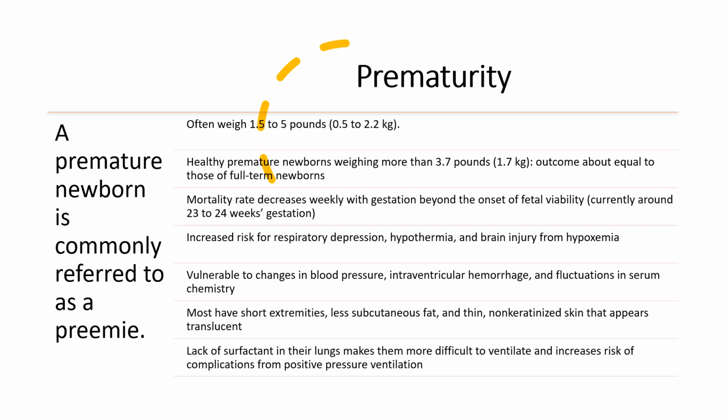Most have short extremities, less subcutaneous fat, and thin, non-keratinized skin that appears translucent. They have a lack of surfactant in their lungs, which makes it more difficult for them to ventilate. They have a hard time opening their alveoli and keeping them open, and it increases the risk of complications from positive pressure ventilation. Their lungs are much easier to pop, is the issue.